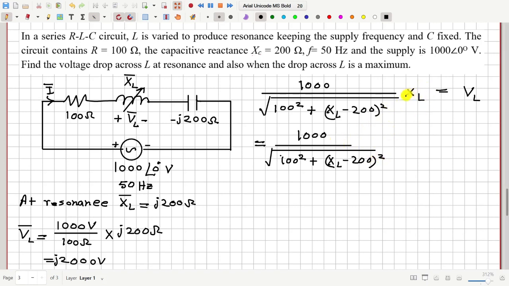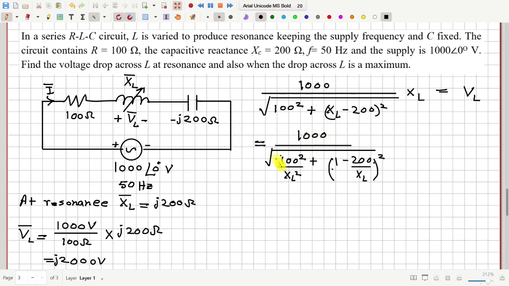Let me divide the numerator and the denominator with XL, so there won't be any XL in the numerator, and here I will put XL squared, and this will become 1 minus 200 by XL whole square. So this voltage expression can also be written in this way.